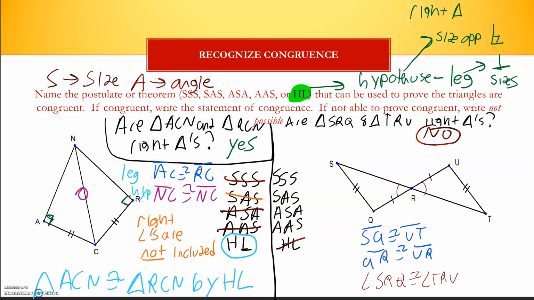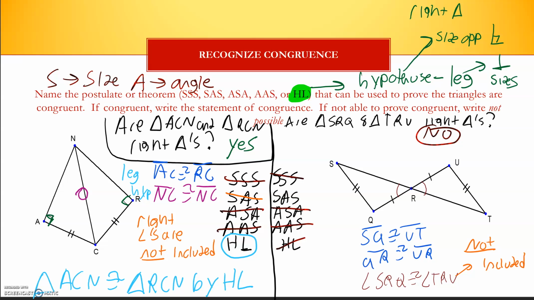So let's go through our list now. Can't get any other sides. Side, side, side is not a thing. We can't get any other angles. That gets rid of ASA and AAS. So it's either side, angle, side, or not possible. And we can see here that these angles are not included.